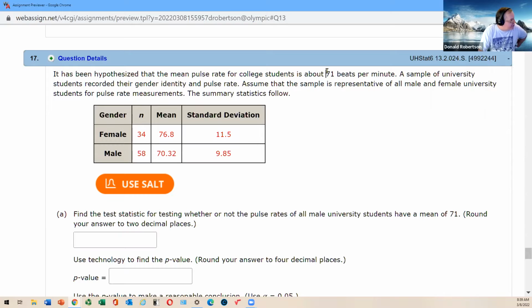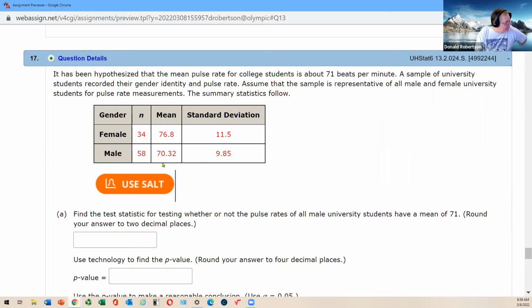Let's say I'm trying to prove that the numbers for the females and the males are different from 71. There's no indication that it's greater than or less than. In fact, if I'm doing it for the females, isn't there evidence that it's more than 71?